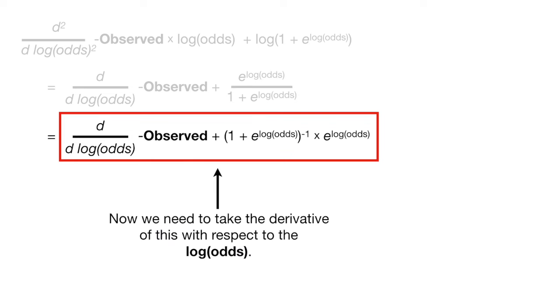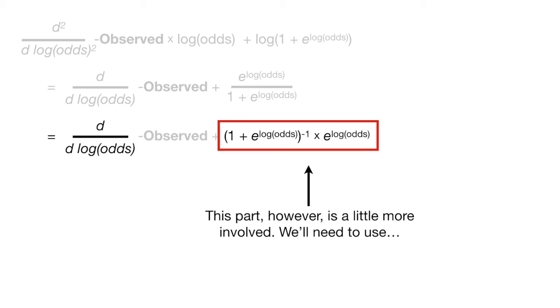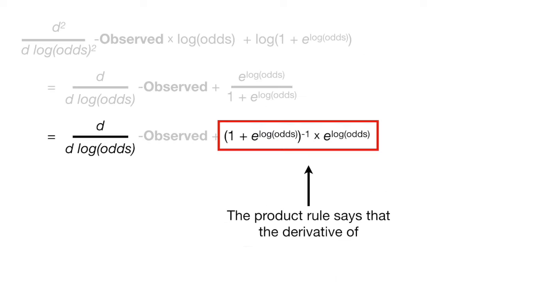Now we need to take the derivative of this with respect to the log odds. The derivative of negative observed is 0, so we can ignore this part. This part, however, is a little more involved. We'll need to use the product rule. The product rule says that the derivative of a times b equals the derivative of a times b plus a times the derivative of b.